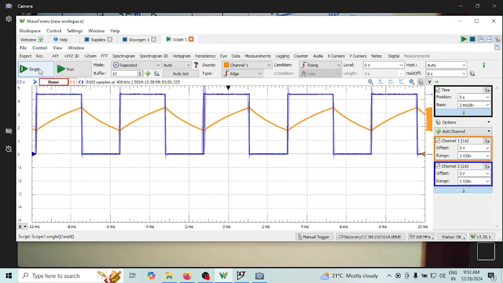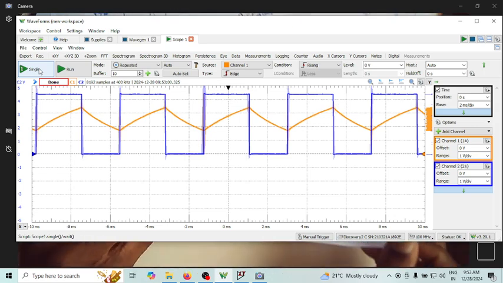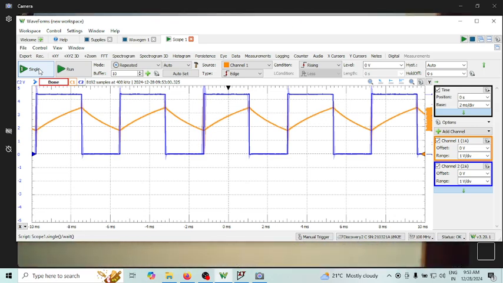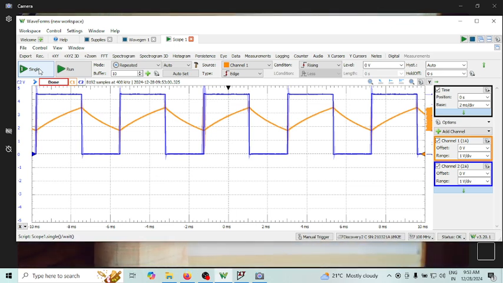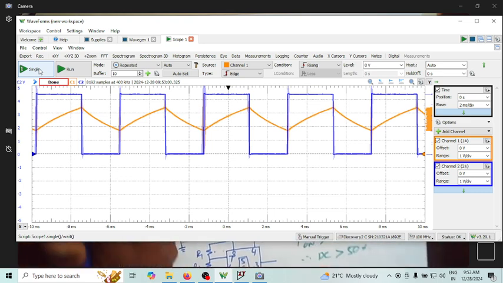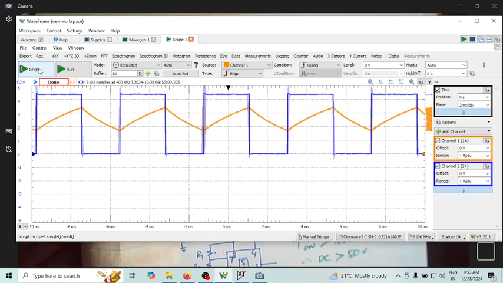Let me tell you what values of R1 and R2 are connected in my circuit here. Let me write a tabular column so that we can verify the values. I'm keeping one of them fixed. So in the same circuit, R1 is connected as 3.3 kilo ohm, and R2 is a variable one.